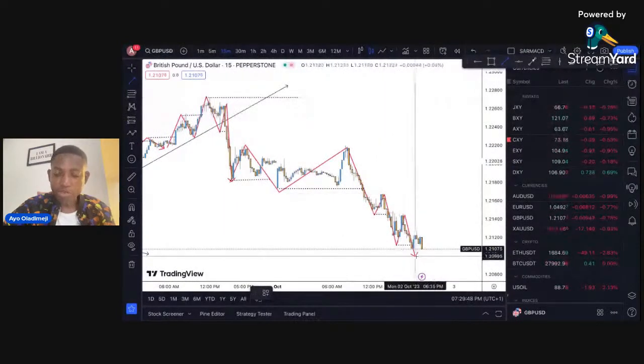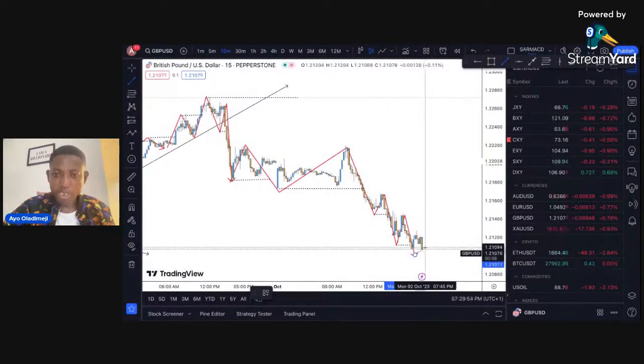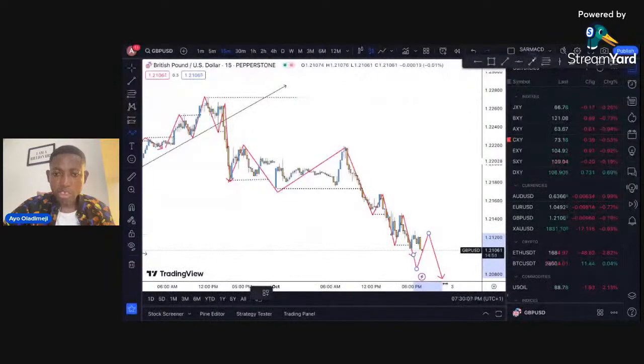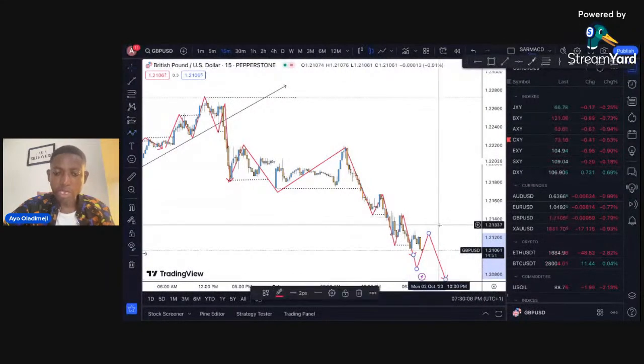because this high is lower than this high, so it's a lower high. Now we expect it to break this level very well. When it breaks it, we expect price to move back up. Okay, we expect it to break. If it breaks, then it's probably going to create a lower high and continue its movement to the downside.